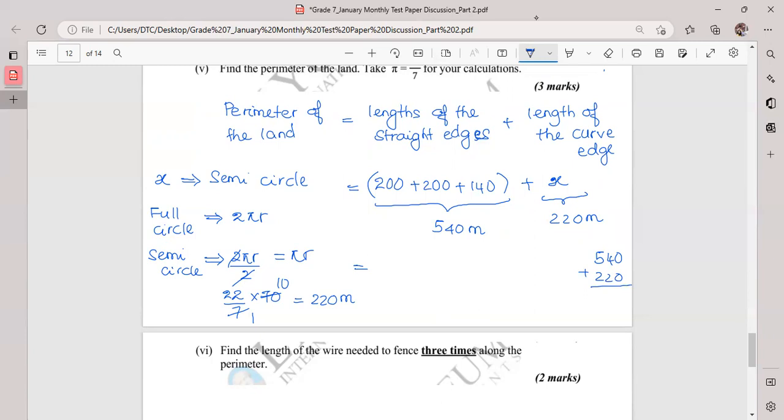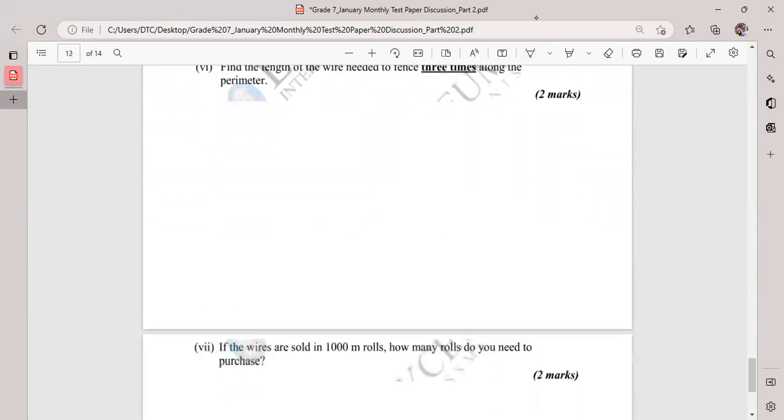That is 220. To 220, you add 540. It gives me 760. The answer is 760 meters. Okay, then we'll move to the next part.